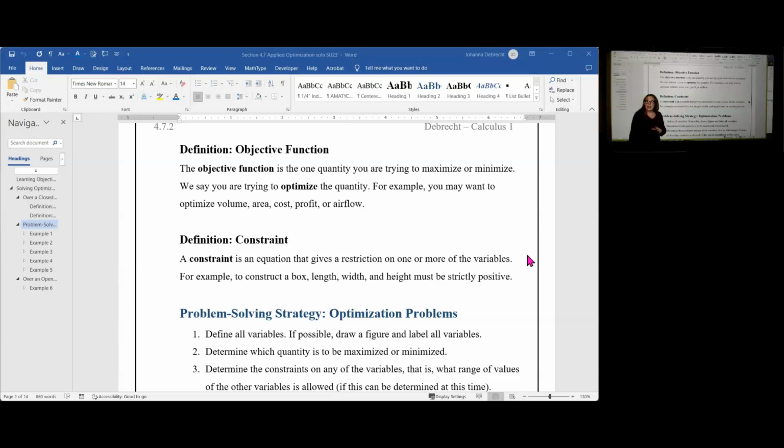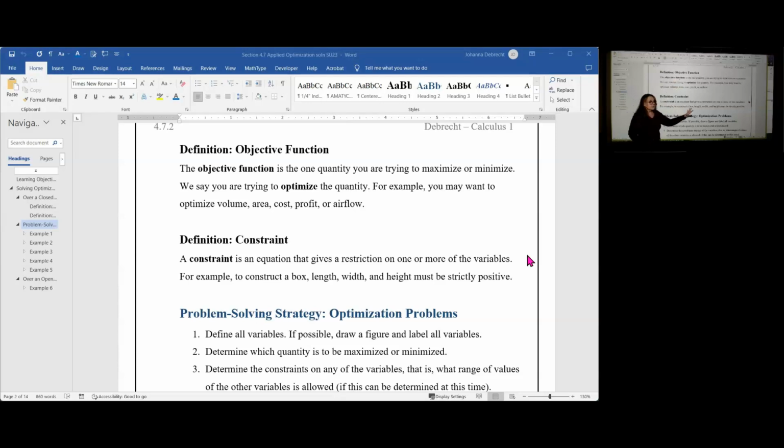Those variables may have constraints. For example, if you're building a pen, you may only have a certain number of feet of fencing. That gives you a constraint on how large a pen you can build. The constraints are equations that give restrictions on one or more of the variables. It could be on the quantity you're trying to optimize, but more likely it's on the related variables in the equation for the objective function.